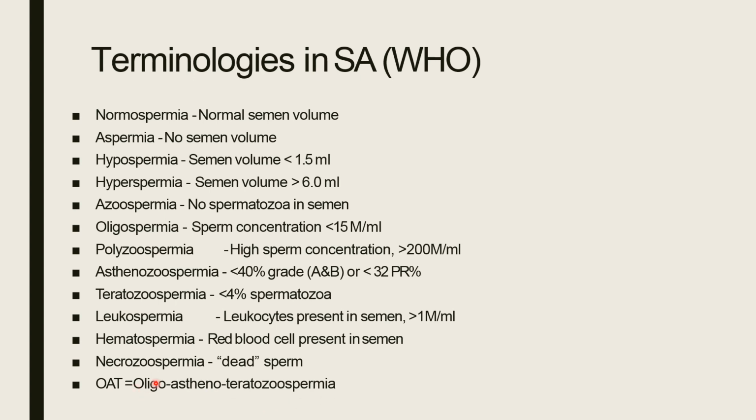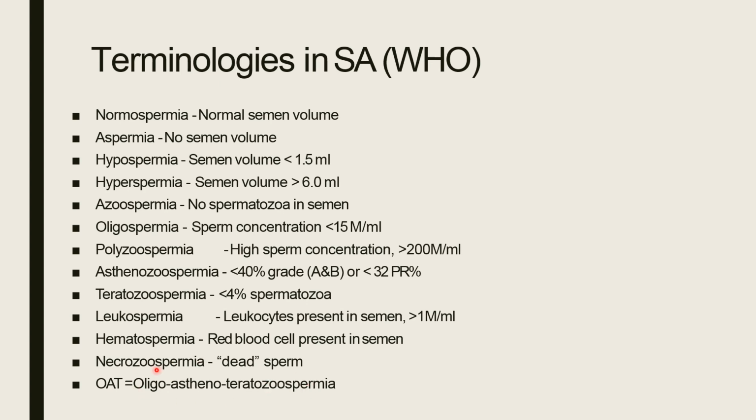There could be a condition that is oligoasthenoteratozoospermia. Oligo means the number of sperms is less than the reference value, the motility of the sperms is less than 40%, and the normal sperm percentage with reference to morphology is less than 4%, then this semen would be classified as oligoasthenoteratozoospermia.